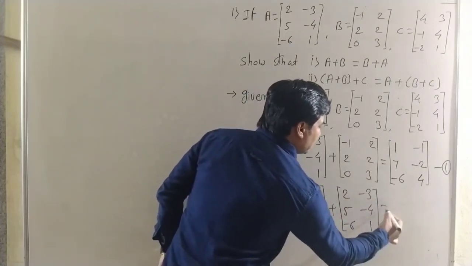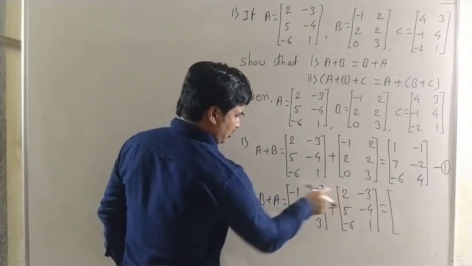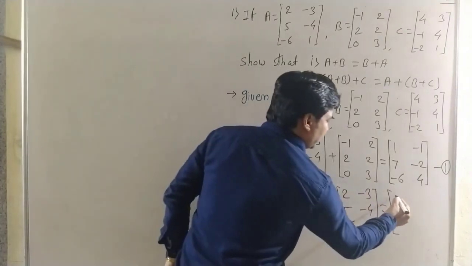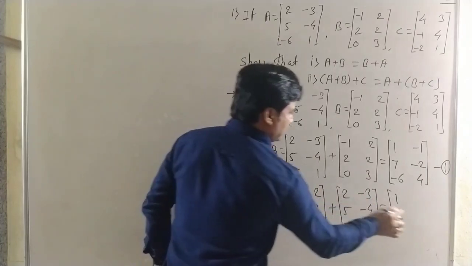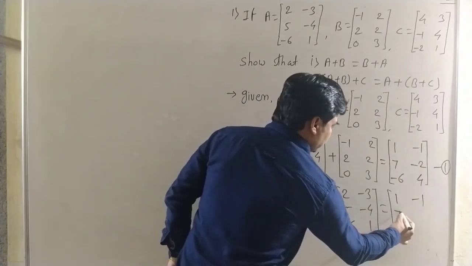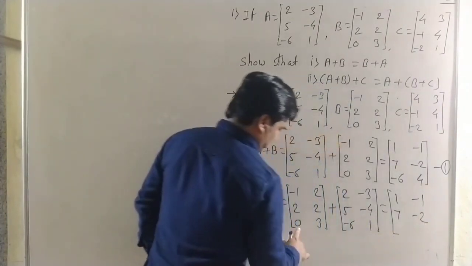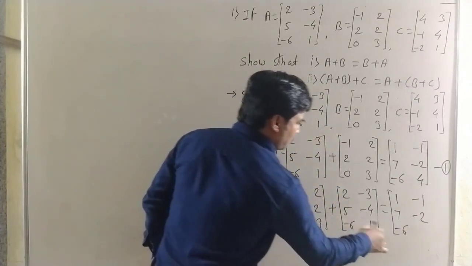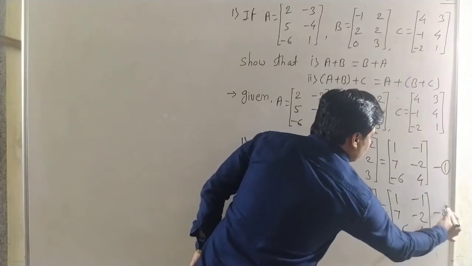Again add the corresponding elements: first row first column, first row second column. Minus 1 plus 2 is 1. 2 plus minus 3, that means 2 minus 3, is minus 1. 2 plus 5 is 7. 2 plus minus 4 is minus 2. 0 plus minus 6 is minus 6. And 3 plus 1 is 4. This is equation number 2.